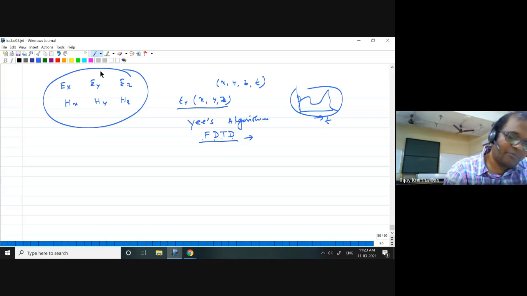Nowadays, many companies are selling this type of solver. You can buy them and use them to solve any structure. That is called FDTD. The most popular is numerical FDTD. From there you can directly solve in the time domain.